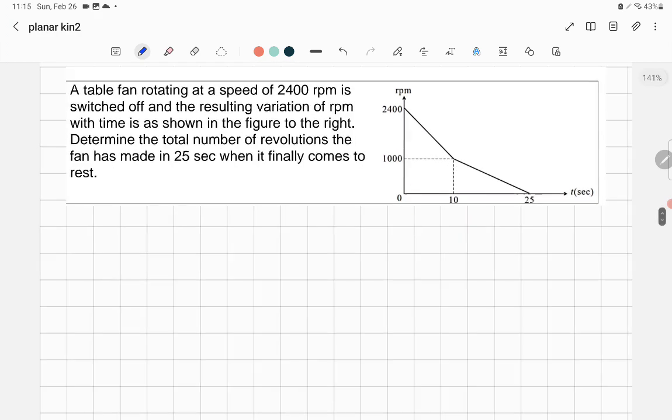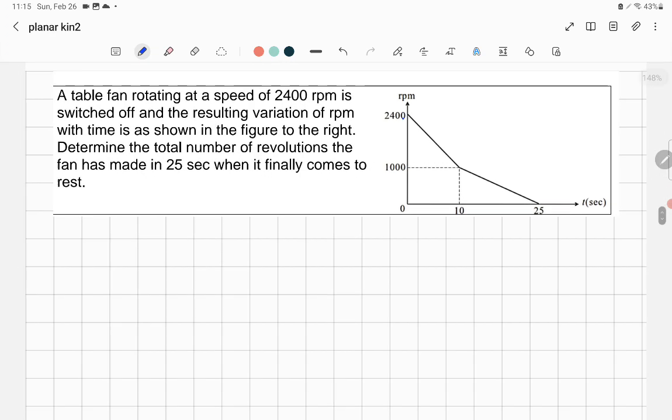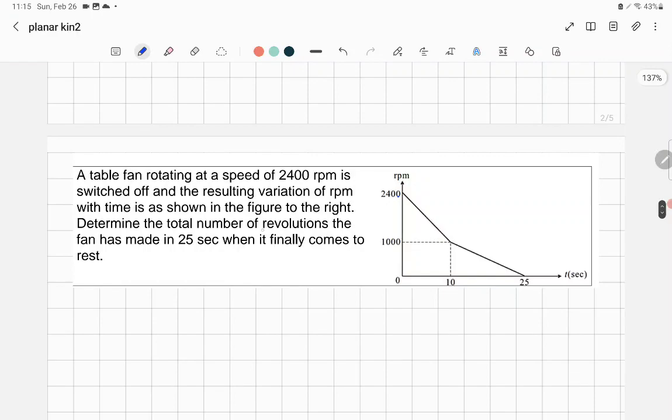So obviously it starts here at 2400 revolutions per minute, then starts to decrease to 1000, and then decreases to rest. Determine the total number of revolutions the fan has made in 25 seconds, because for the first 10 seconds it follows one path, and then from 10 to 25 another rate of change when it finally comes to rest.